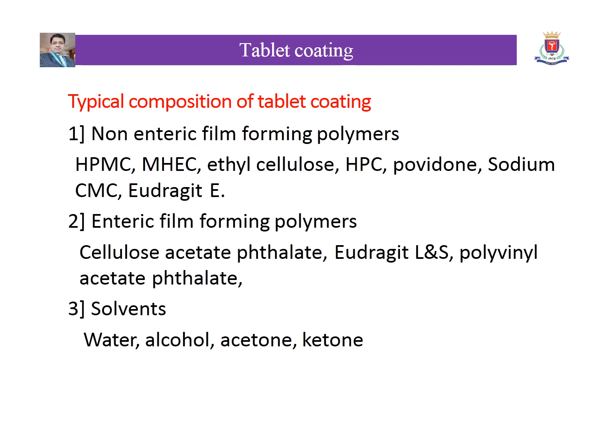The examples are HPMC, MHEC, ethyl cellulose, HPC, povidone, sodium CMC, and Eudragit E. Enteric film forming polymers include cellulose acetate phthalate, Eudragit L and S, polyvinyl acetate phthalate, etc. Solvents mainly include water, alcohol, acetone, and ketone.